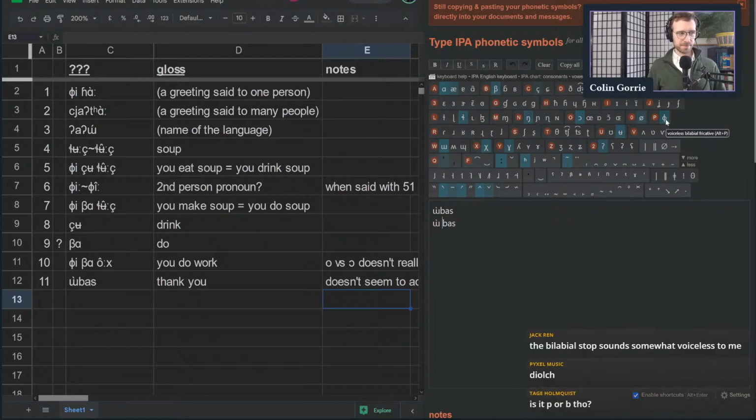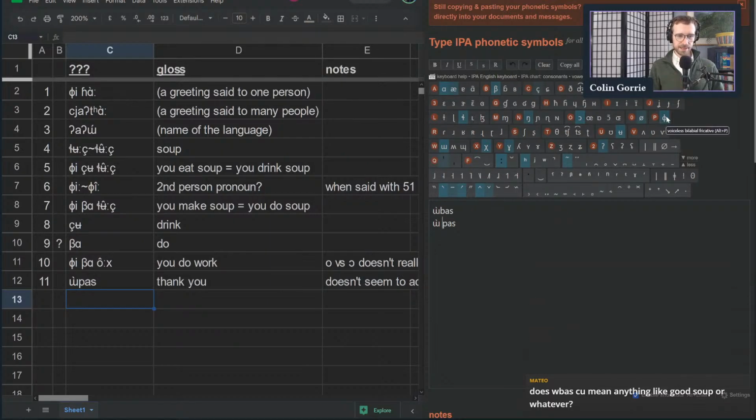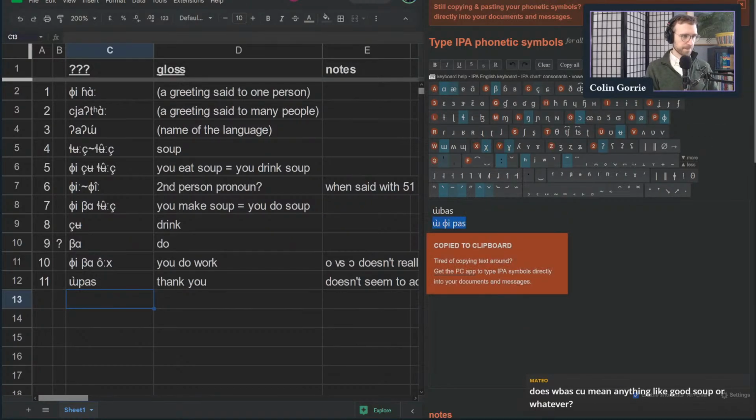A bus. How does it sound now? Say it again. More or less. A few bus. Like everything's short, I think.